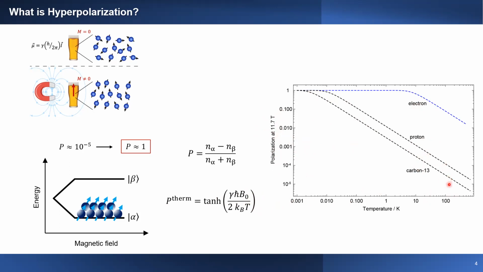Essentially, as we decrease the temperature, the polarization goes up and saturates at 1. We call this unity polarization. You can reach that quite readily for electrons at achievable temperatures of around 1 Kelvin. But for nuclear spins, reaching unity polarization just by cooling the sample is very difficult, because you need expensive equipment to get to millikelvin temperature ranges.